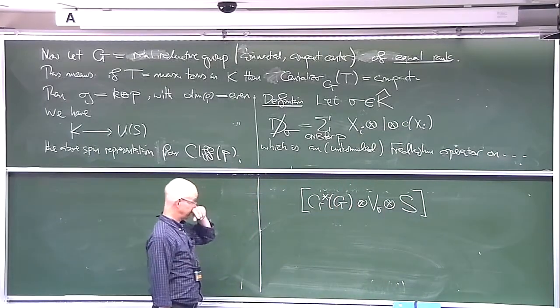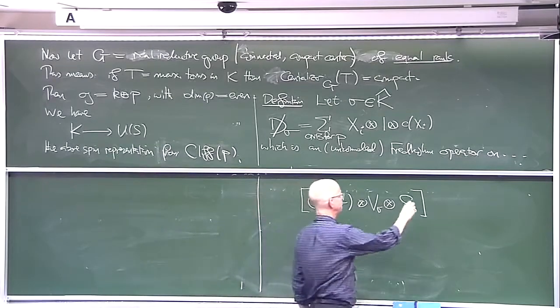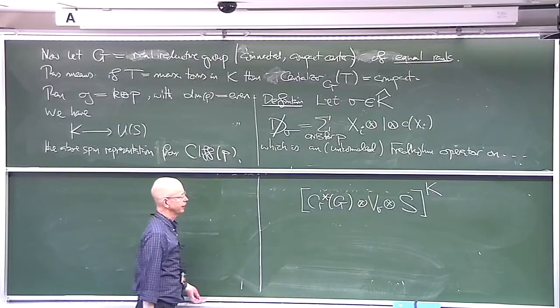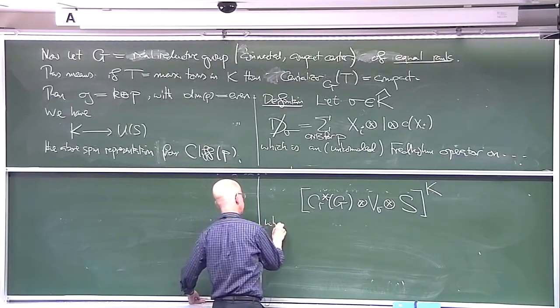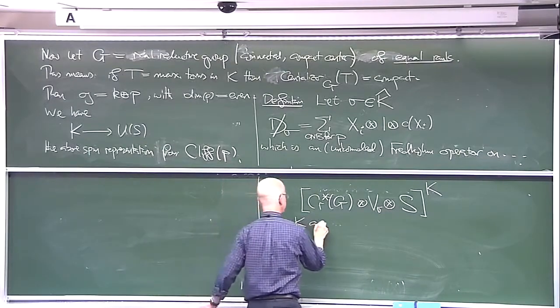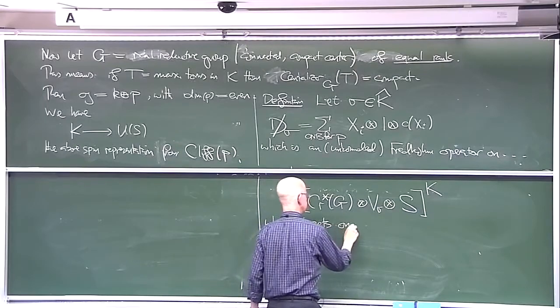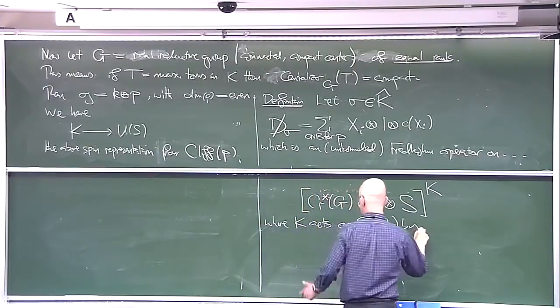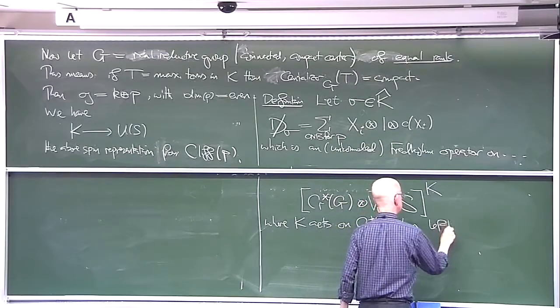And finally, we're going to take the k-fixed elements in this gigantic sum here, where k acts by, say, left translations.